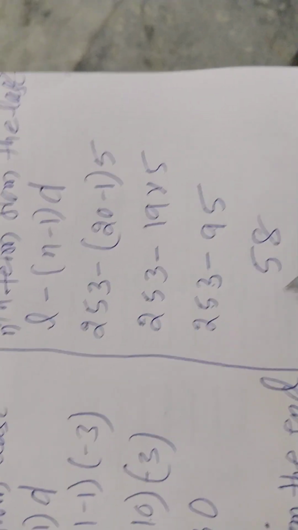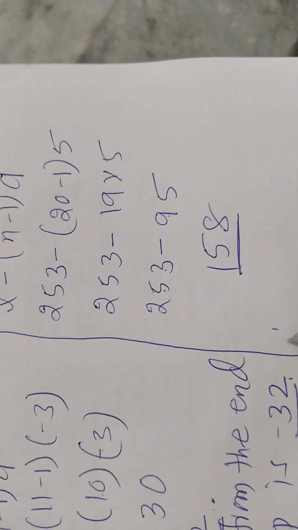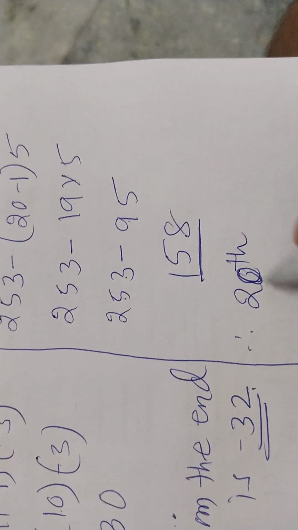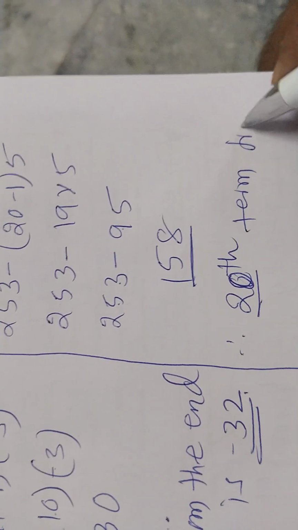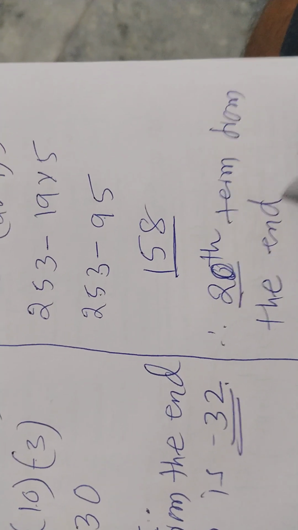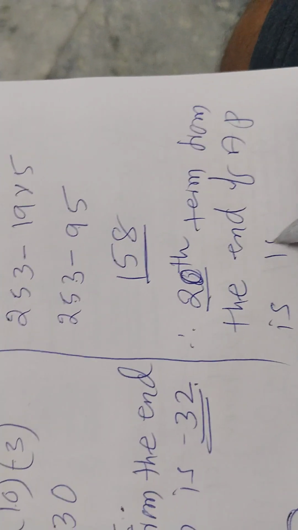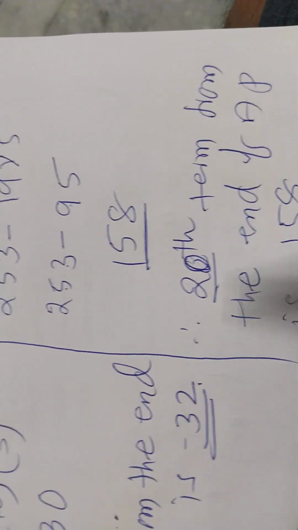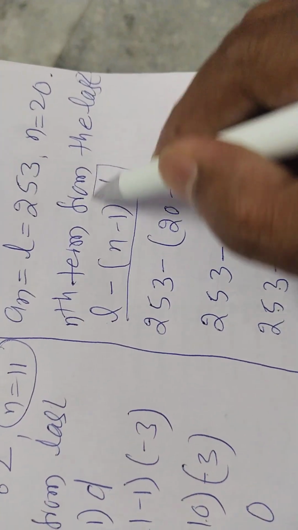And here 1 will remain. 158. Therefore, the 20th term from the end of the AP is 158. Just remember that formula: l - (n - 1)d.